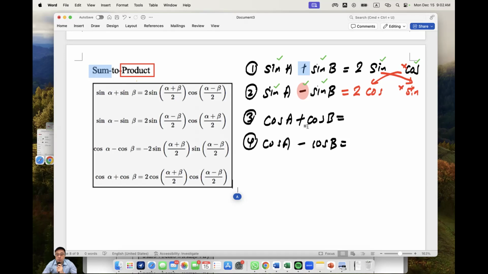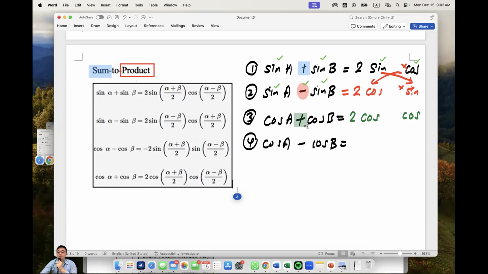Okay, now can you check, for cos plus cos, what do we get? Can you tell me cos plus cos, you will get what? 2 cosine cosine. Yes or no?